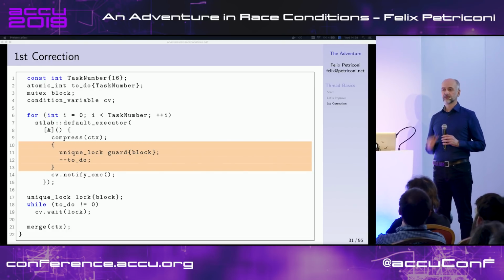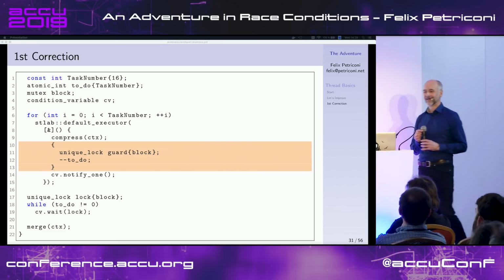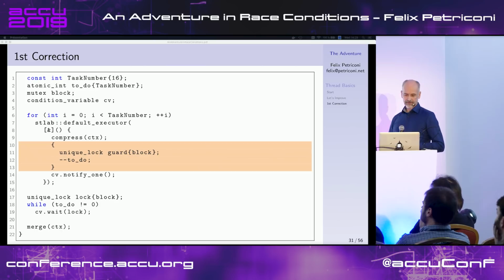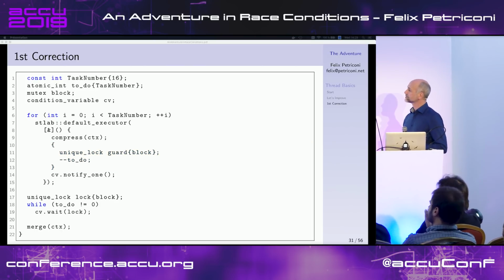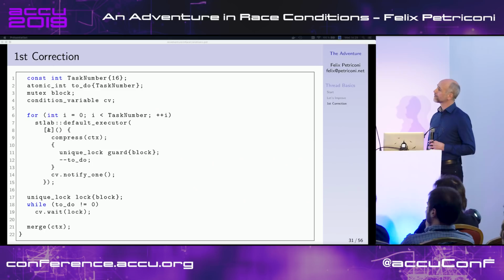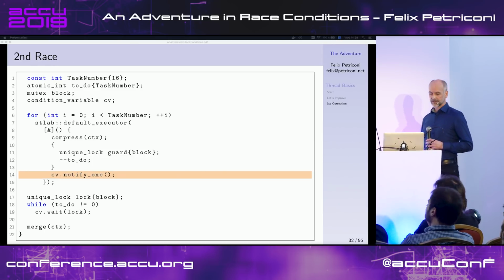So it's easy for those. Okay. Done. Question? Yes? Does to-do need to be atomic? No, at this point, there's no reason for it to be atomic anymore. That's true. But then we ran into the second problem.